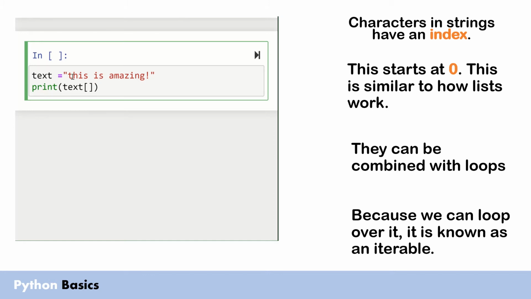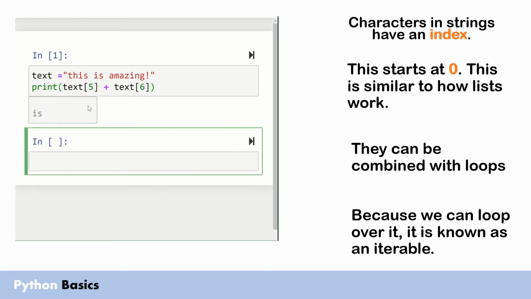So let's look at which position that is going to be in. So got 0, 1, 2, 3, 4, 5. Okay, so the I is at position 5. I'm using string concatenation to get the next one out. So text 6. If I run that code, you can see I get the letters IS out.